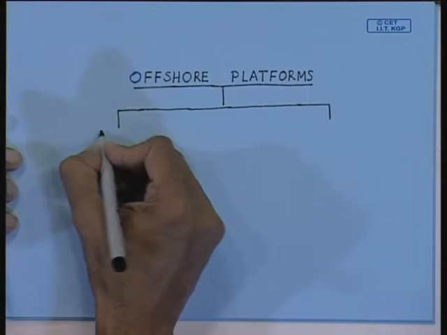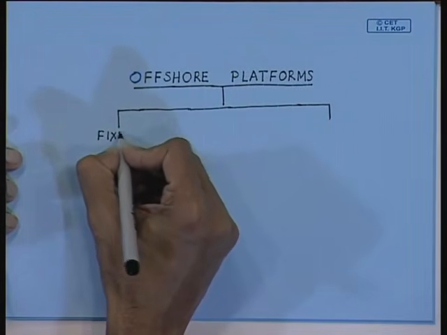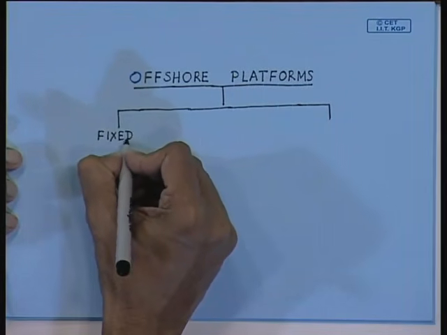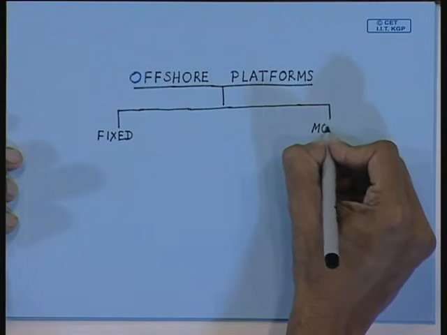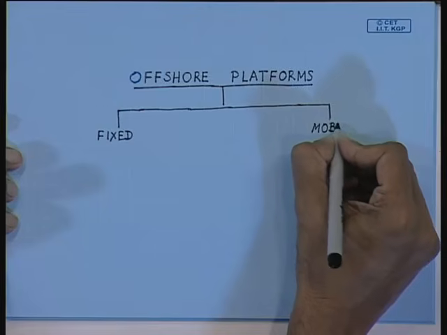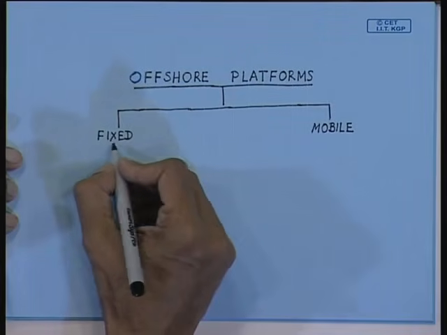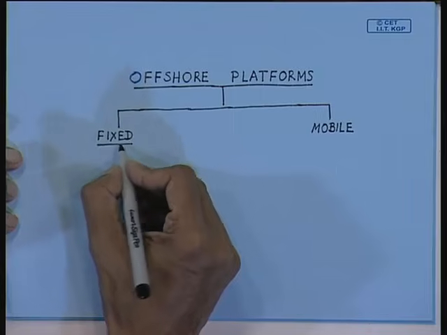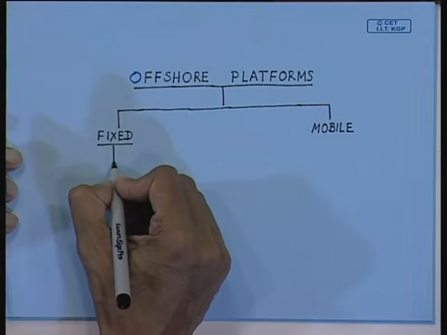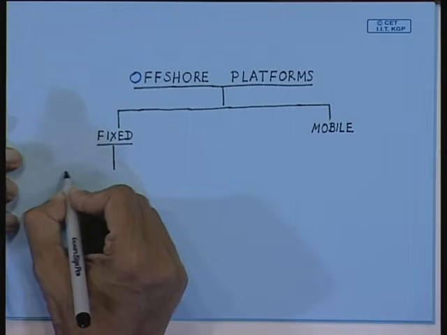So the first one will be called fixed and the other one is mobile. Now under these headings of fixed and mobile, you again subdivide. So under the fixed category, you have compliant and rigid.